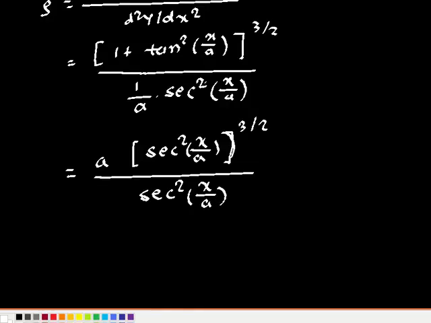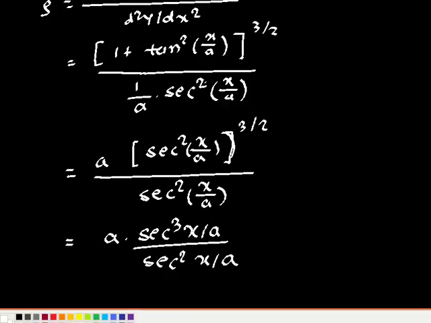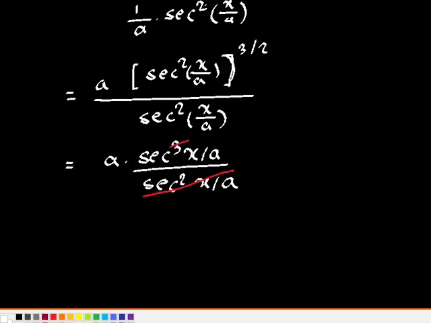Now multiplying the 2 with 3 by 2 results in sec cube x upon a upon sec square x upon a. Here sec square cancels, one sec remains, so it will be a into sec x upon a.